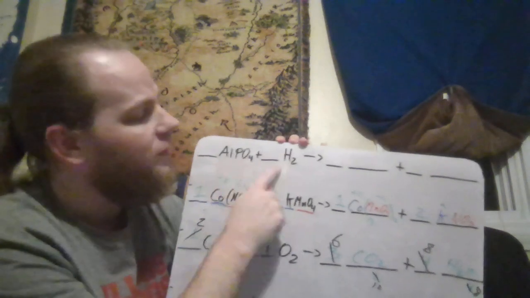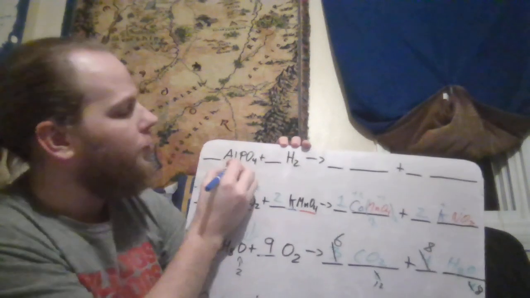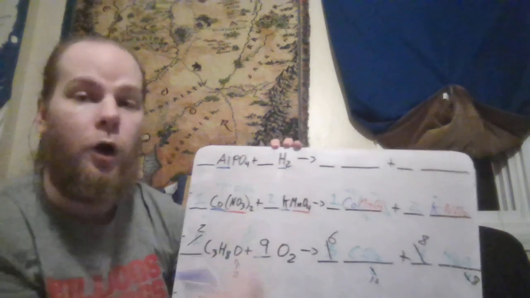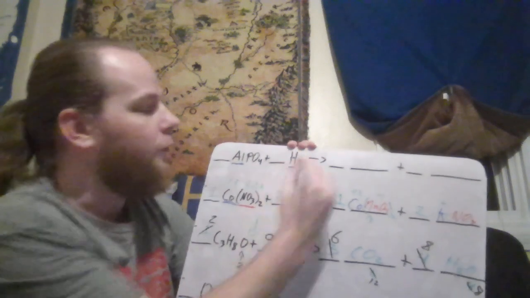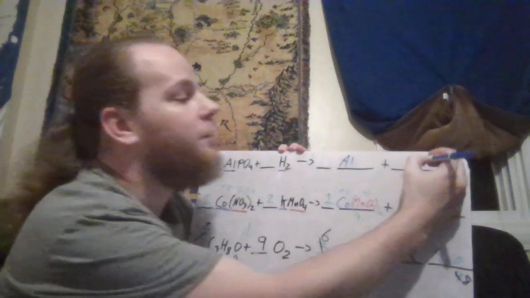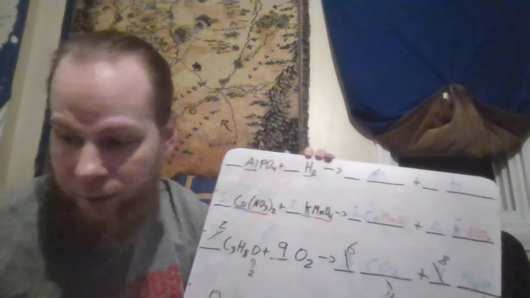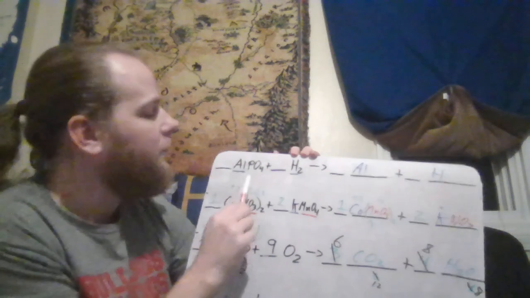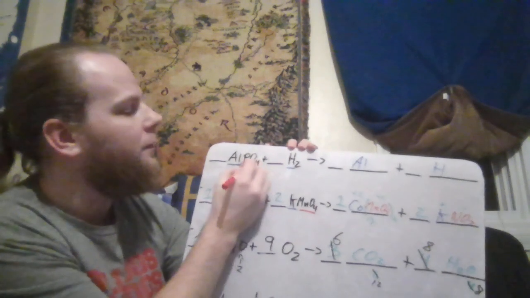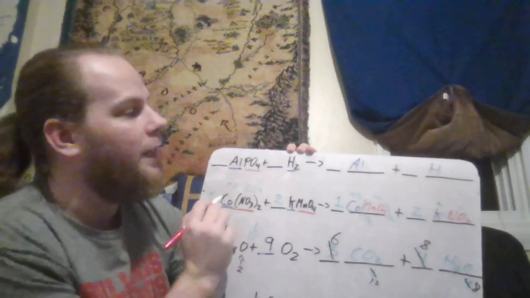So that means this has to be a cation replacement. So the aluminum and the hydrogen are what are going to swap places. So we're going to just transfer here aluminum and H without the 2 because H2 is not a polyatomic ion. And then phosphate, our anion, needs to swap from aluminum to hydrogen.